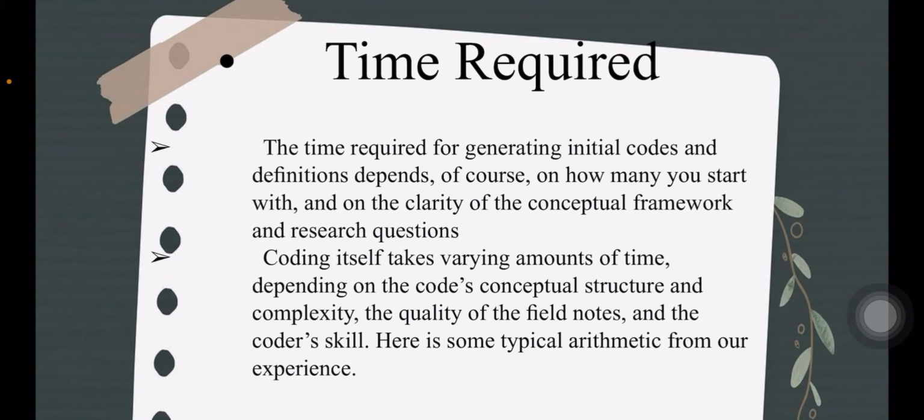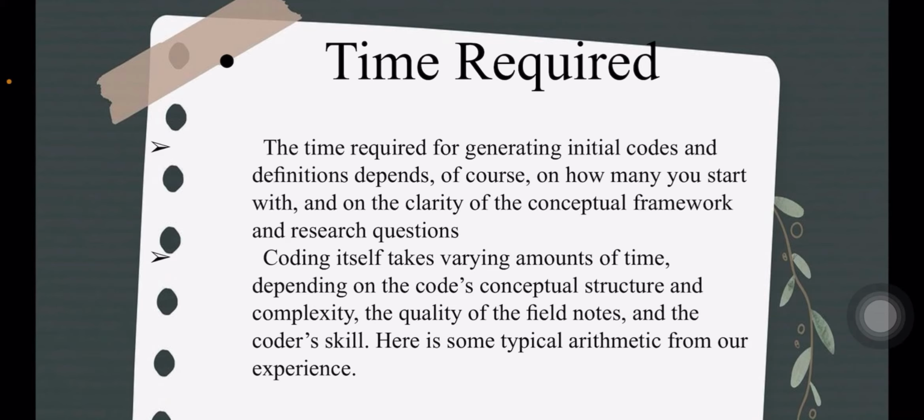Next, time required. The time required for generating initial codes and definitions depends, of course, on how many you start with and on the clarity of the conceptual framework and research question.